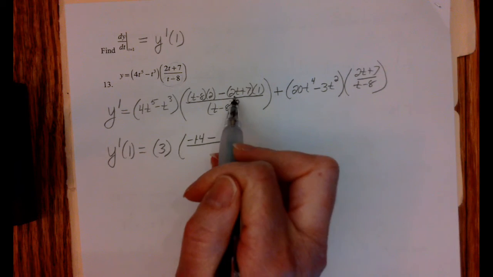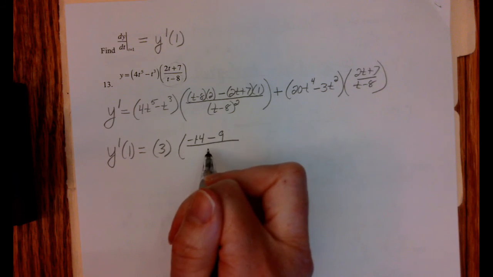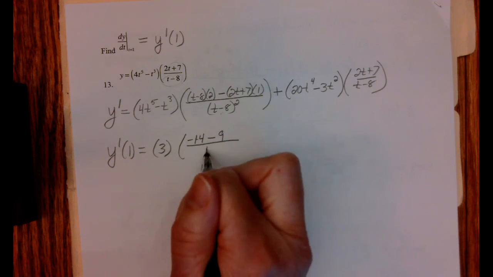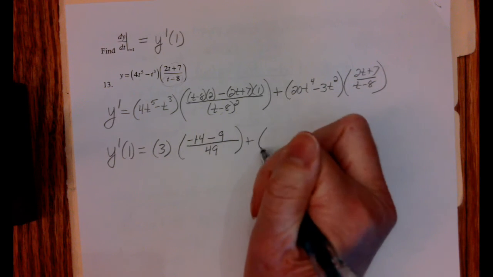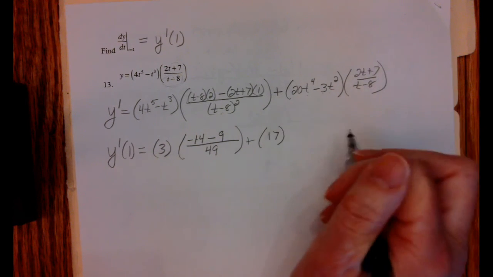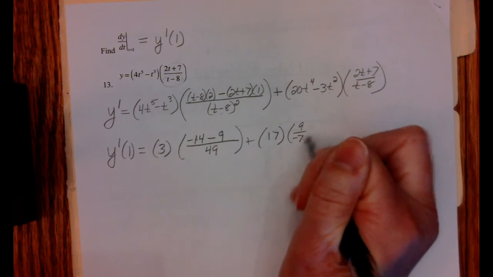Minus, plugging in the 1 here, gets me a 9, all over that negative 7 being squared, which is 49. Plus, putting in my 1, 20 take away 3 is 17. Plugging in my 1, I have 9 divided by negative 7.